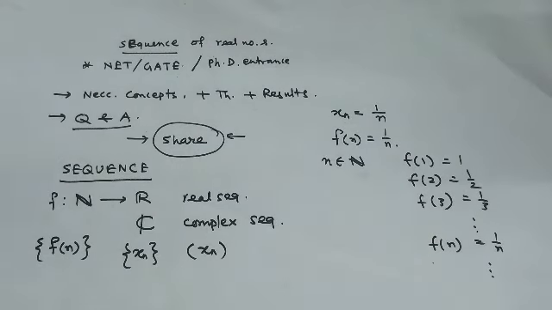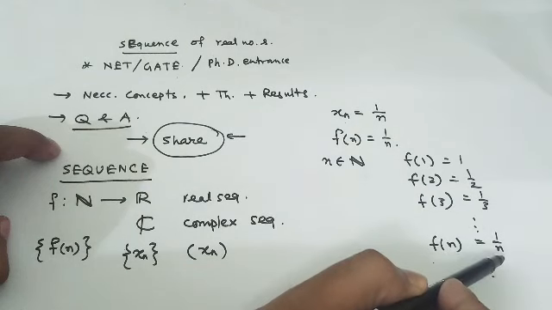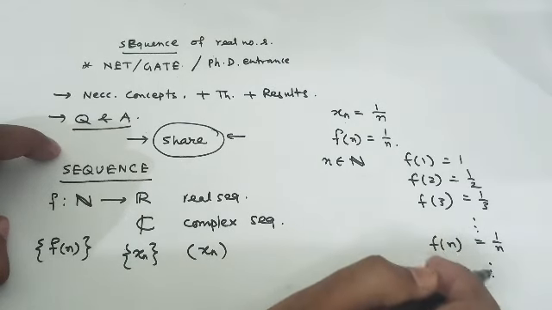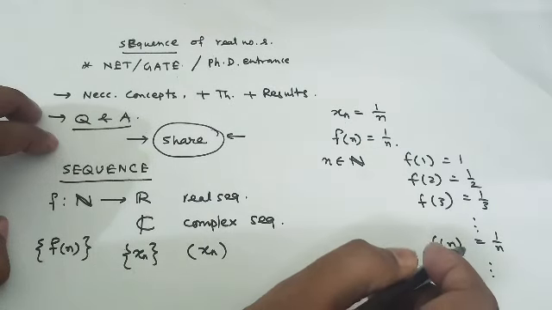But if you are a beginner to this field, then one question I will ask you: is there any pattern or any tendency of the elements? These are the elements: 1, half, 1 by 3, 1 by n, and so on. Is there any common tendency to approach towards a certain number?